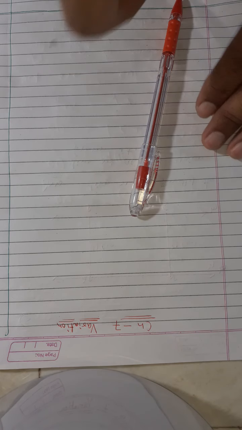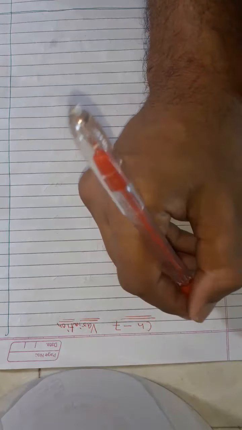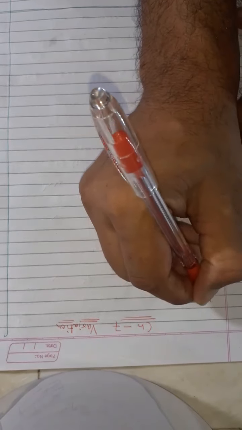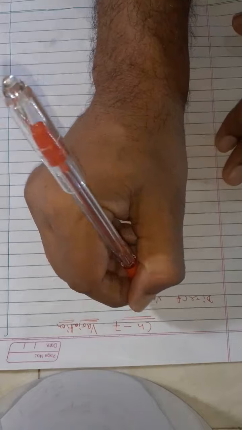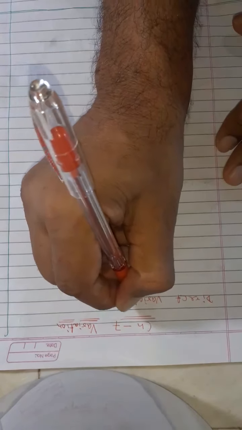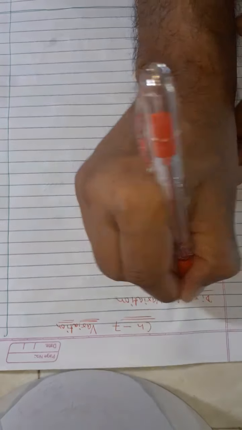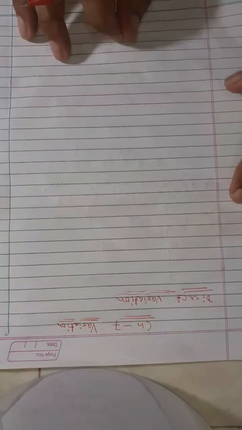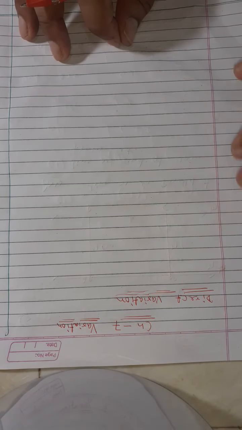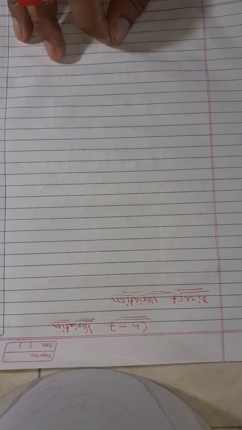Direct variation. So what is direct variation? At textbook page 35, you have to observe what is written.